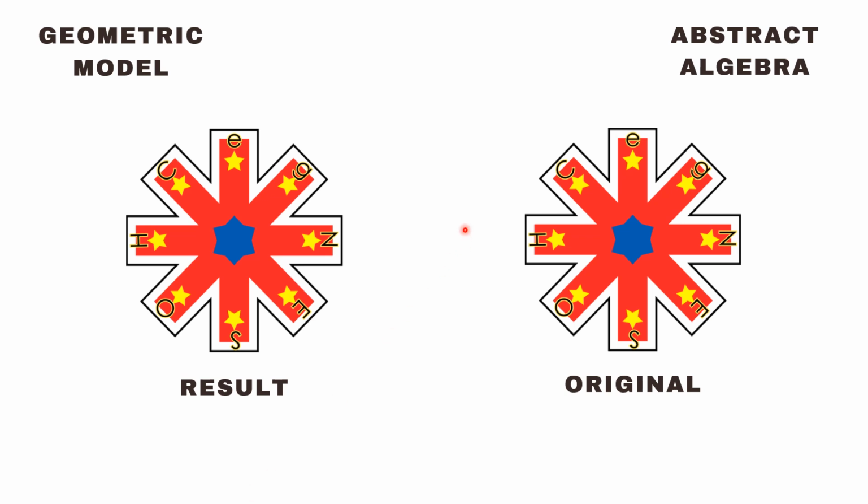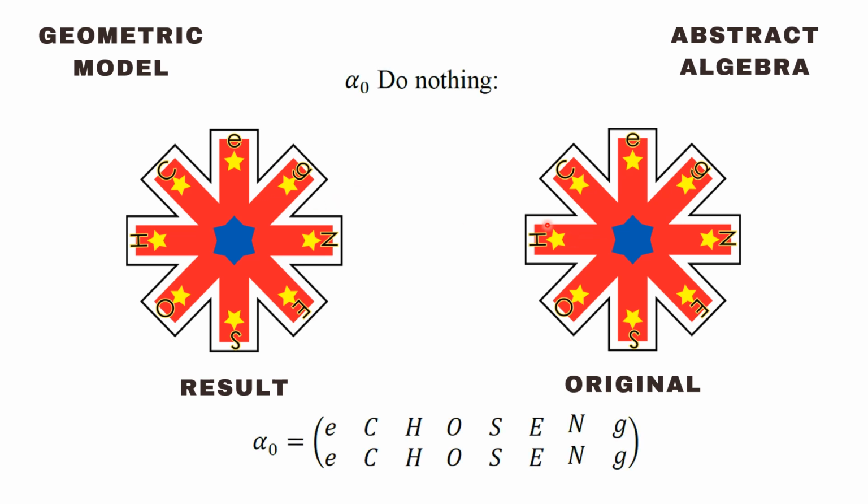So here are some examples of how the geometric model behaves under various operations. On the left, the original figure, and on the right is the result after applying a specific symmetry, either rotation or a reflection. So first we have the do nothing.